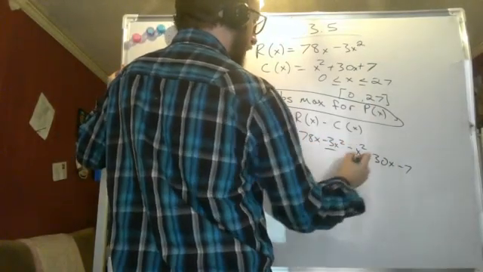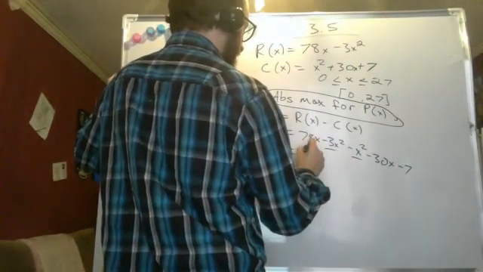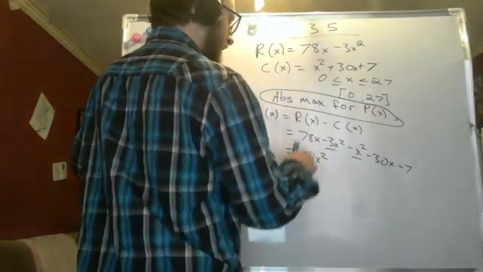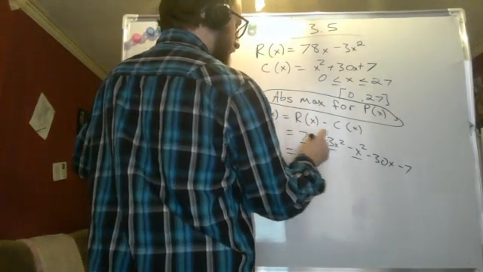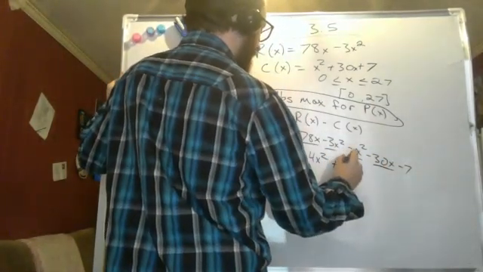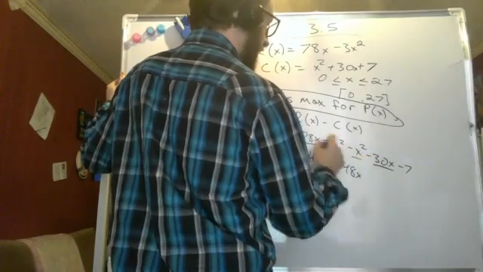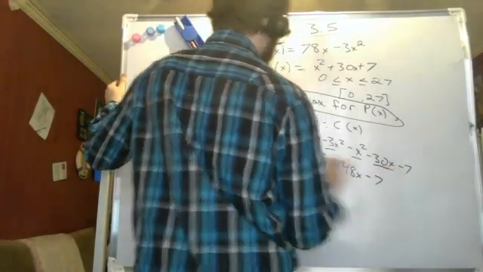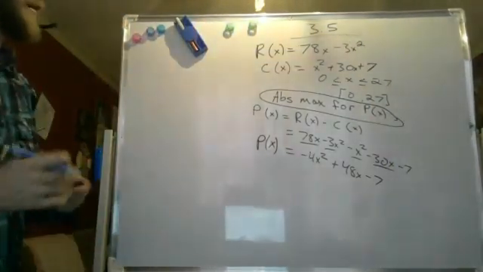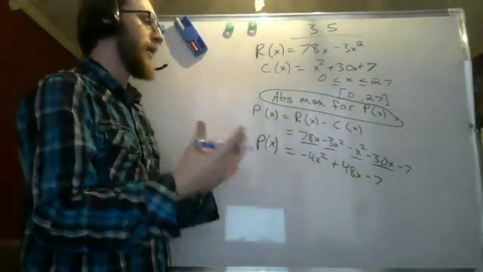Negative 3x squared minus x squared gives us negative 4x squared. 78x minus 30x gives us positive 48x. And then we got our negative 7 on the end. So there's our profit function, but now we're trying to find the absolute maximum.